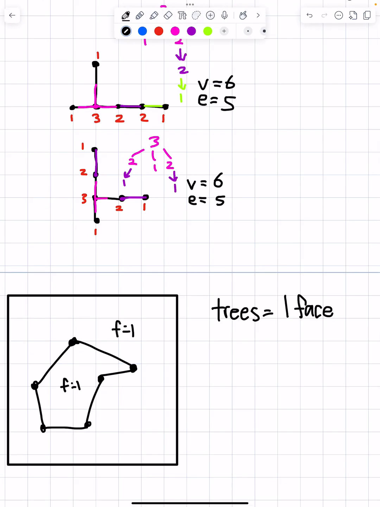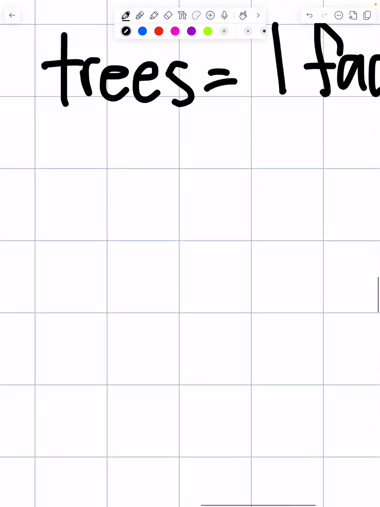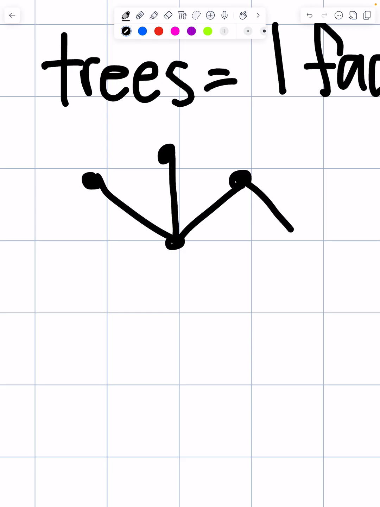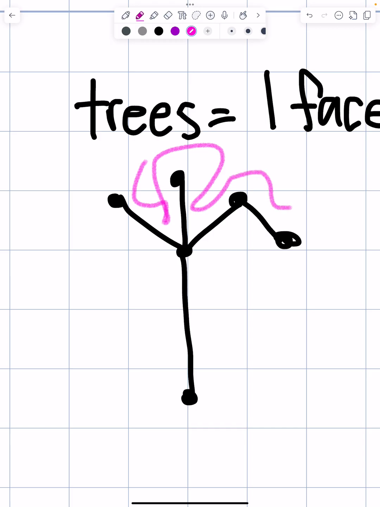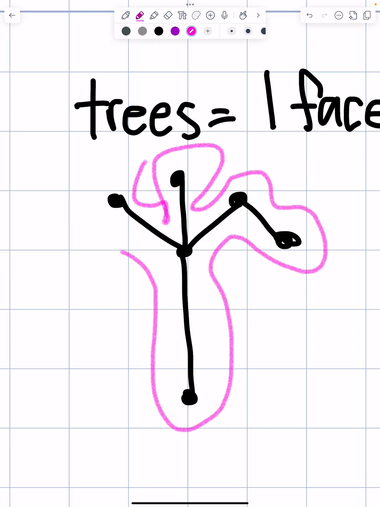So, a tree could, say, literally look like a tree, like this, because there's only one face covering around this whole tree.